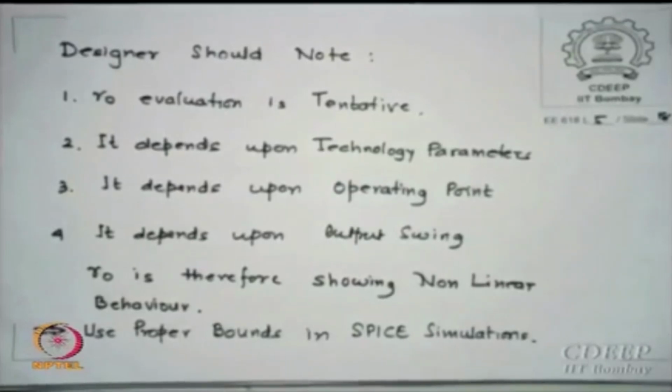It depends on technology parameters, it depends on the operating point, it depends on output swings, because it matters whether VDS is at one end or the other and how much the signal is. R0 therefore shows non-linear behavior. I will give you some hints on that. I will show you what I meant by swings. Use proper bounds in SPICE. Is that clear? So that is the marker.